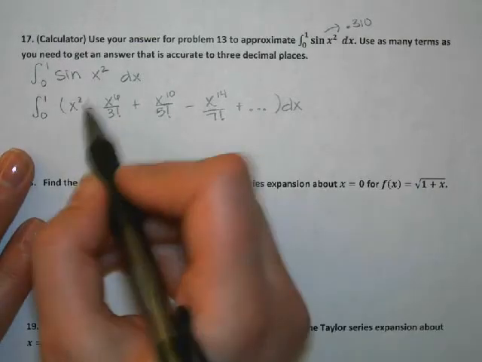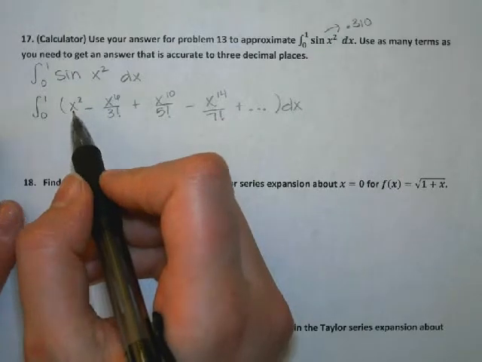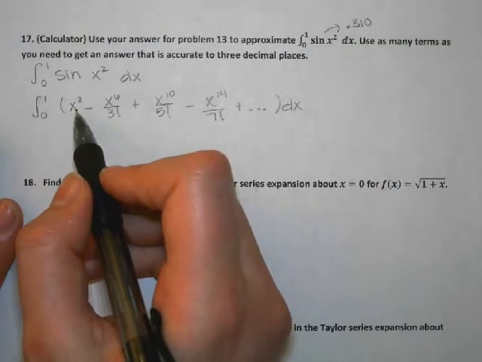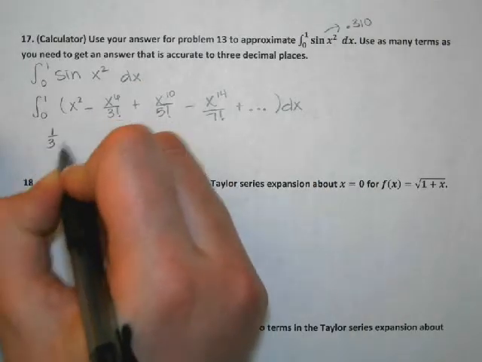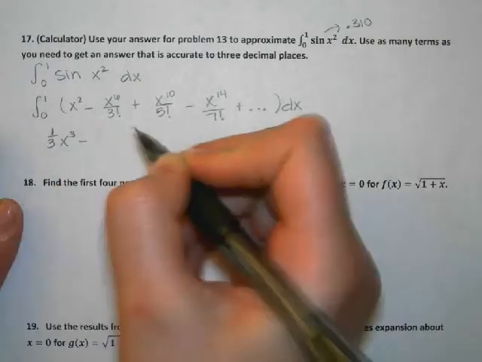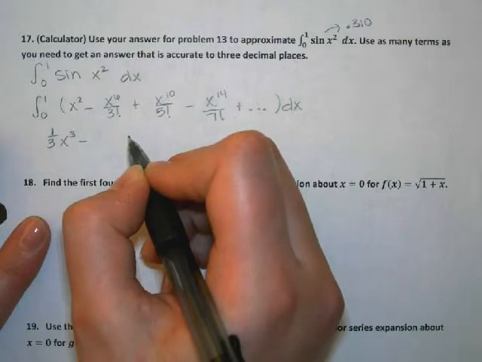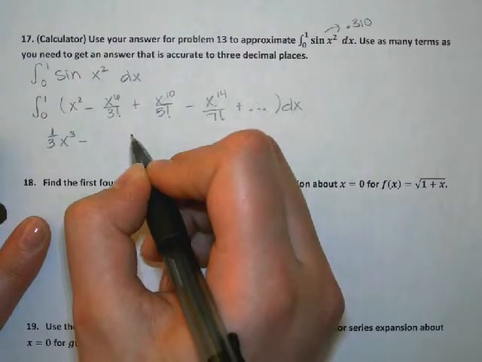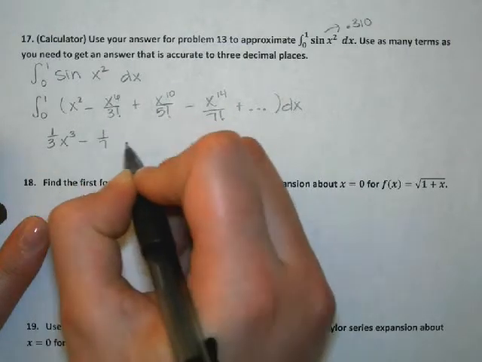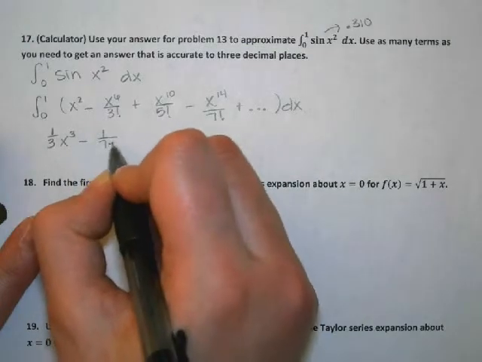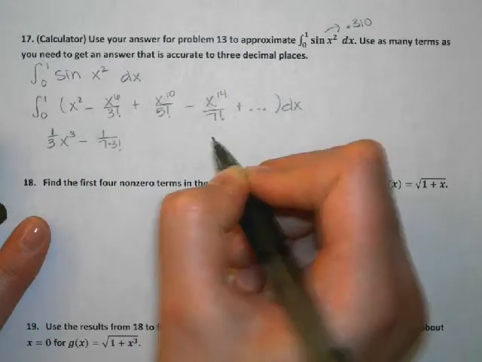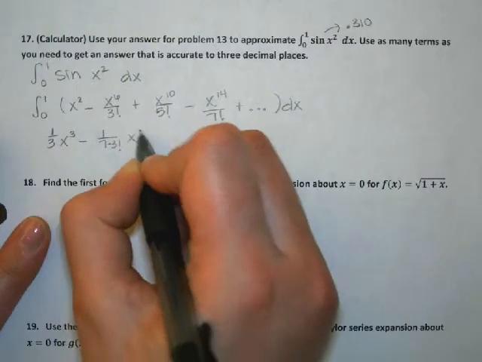Okay, so when we integrate, what's our first term? 1/3 x to the 3rd, okay, minus 7 times 6, x to the 7th.